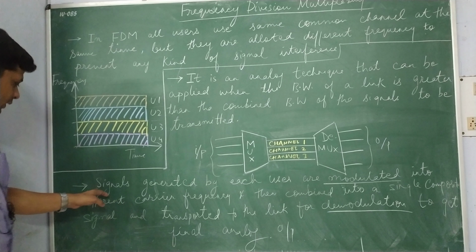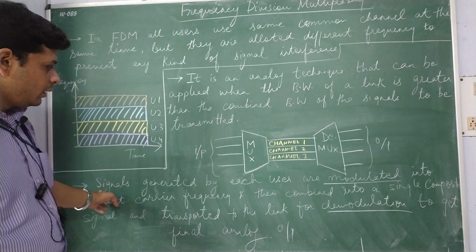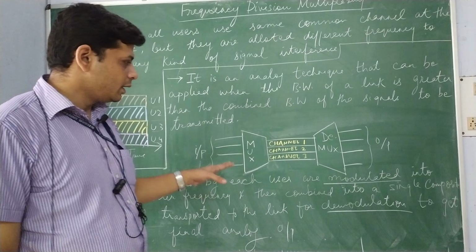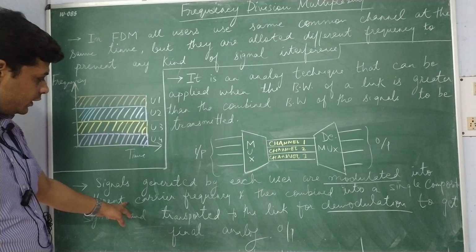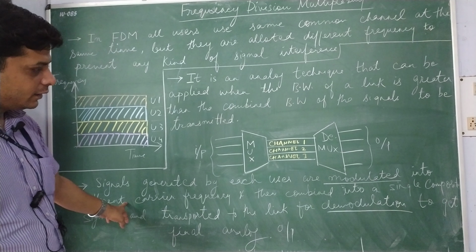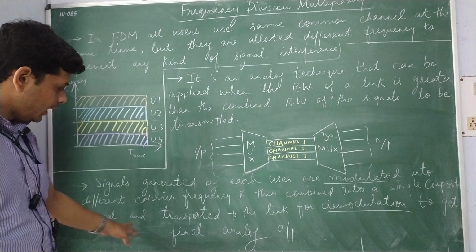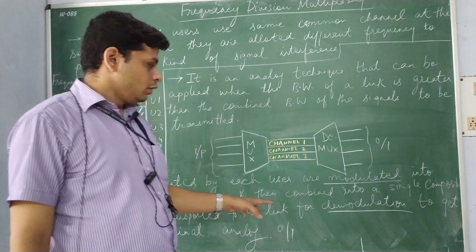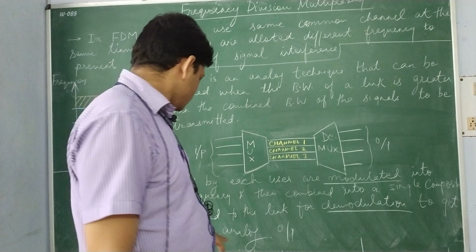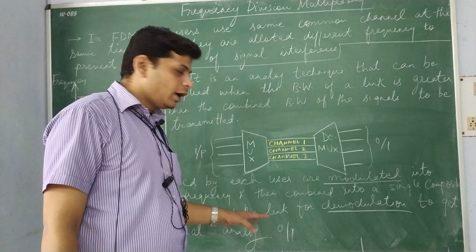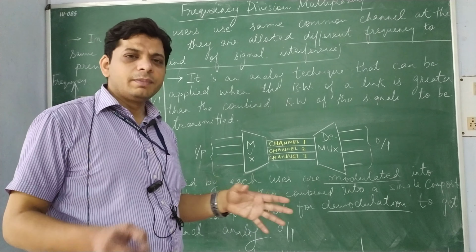Or we can say that signals generated by each user are modulated into different carrier frequencies and then combined into a single composite signal and transported to the link for demodulation to get the final analog output. So, what is happening right now?